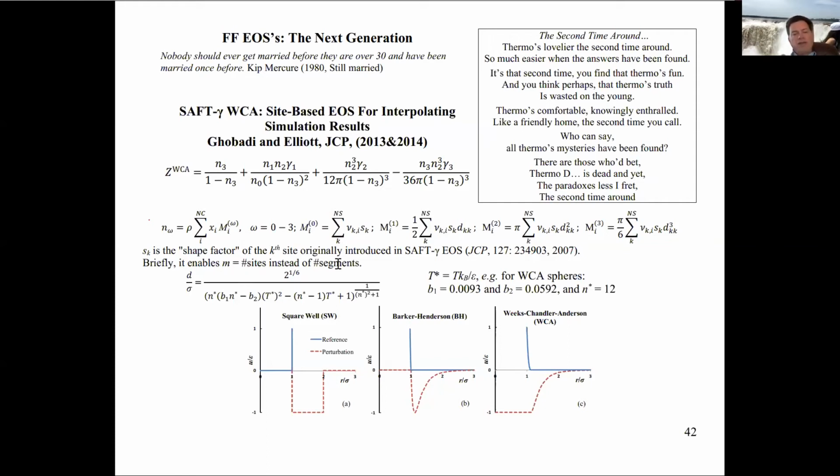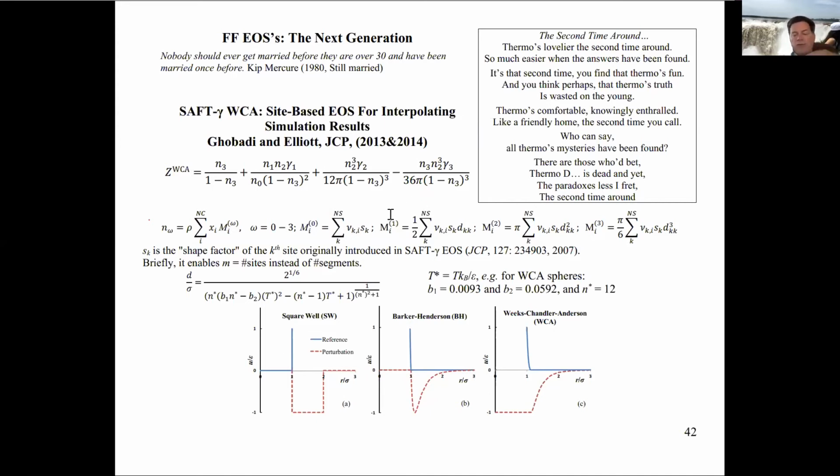That means we can have overlapping segments and we don't have to deal with the tangent sphere approximation anymore. That's very straightforward to do within the SAFT-gamma formalism, inherent in the fundamental measure theory. So this is our new basis for our equation of state.